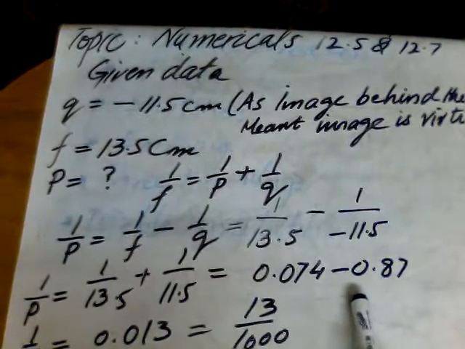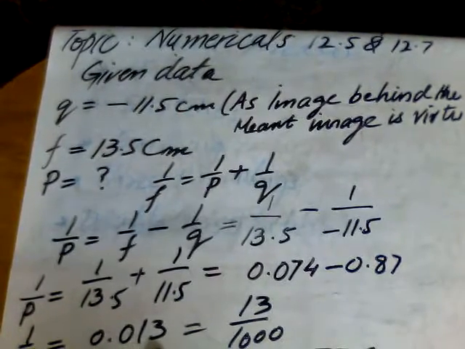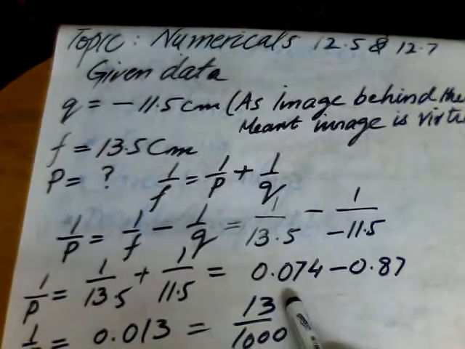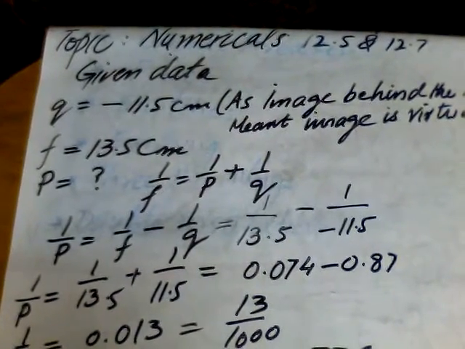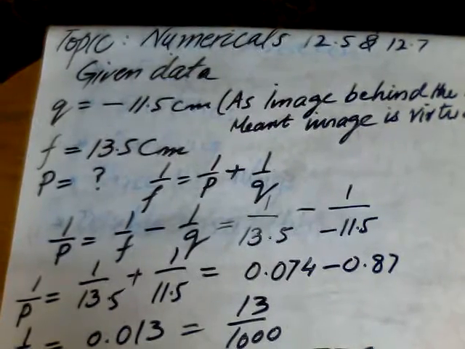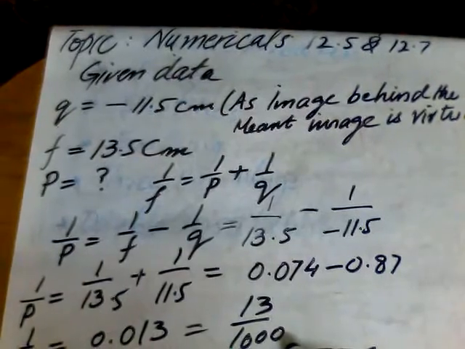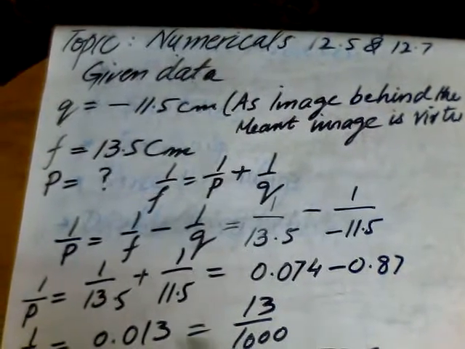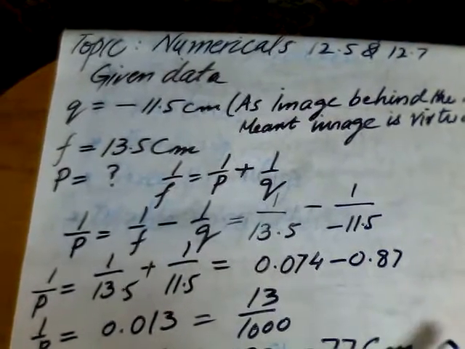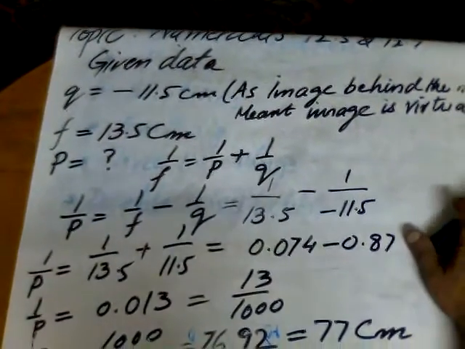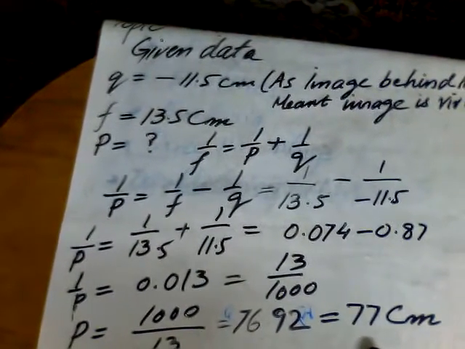After subtraction and simplifying, we get 0.013, which means 1 over 76.92. We invert 1 over P because we have to find the value of P, and after simplifying we get 76.92, which is almost equal to 77 centimeters.